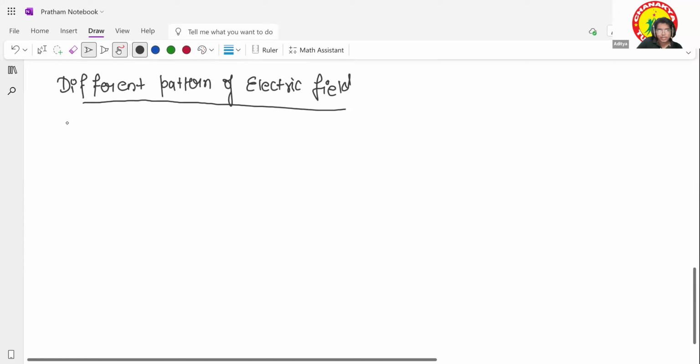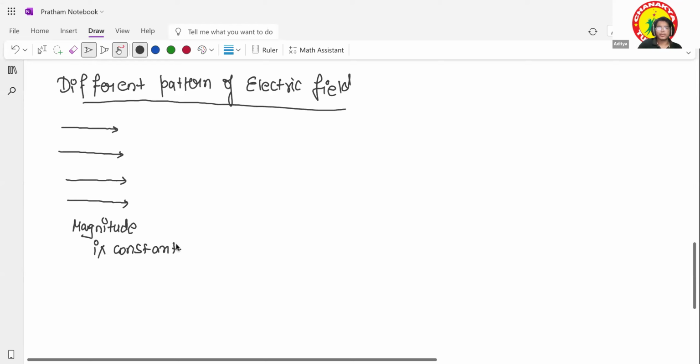So the first one is a constant one. In this case, if you see carefully, the magnitude is constant. What can be the other one? This kind of.